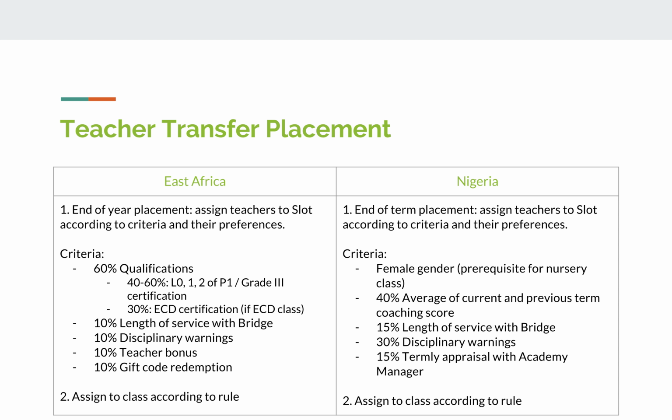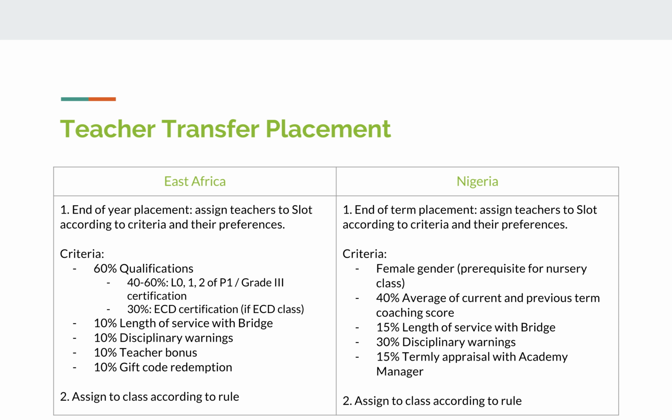And in Nigeria, they have the same average of current and previous term coaching score, which was the criteria that we looked at in the previous long-term placement. So 40% goes to that, 15% towards the length of service with Bridge, 30% towards disciplinary warning, and 15% is the termly appraisal with the academy manager.